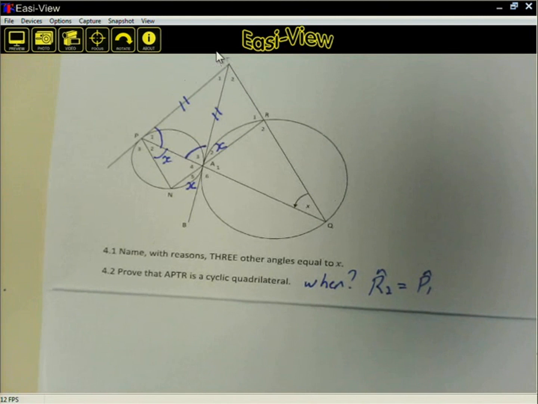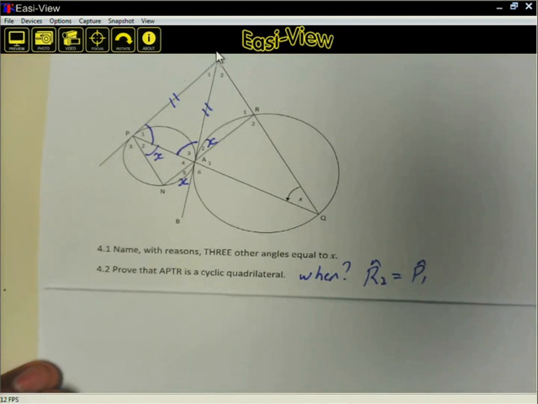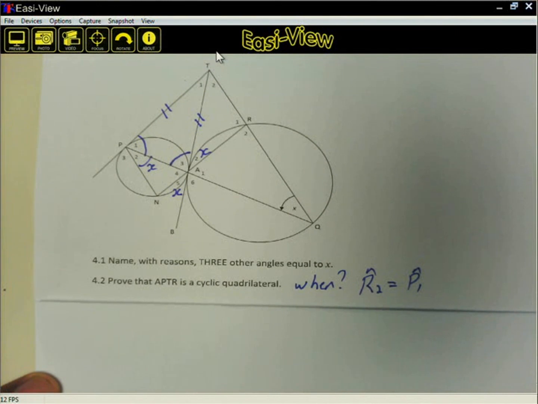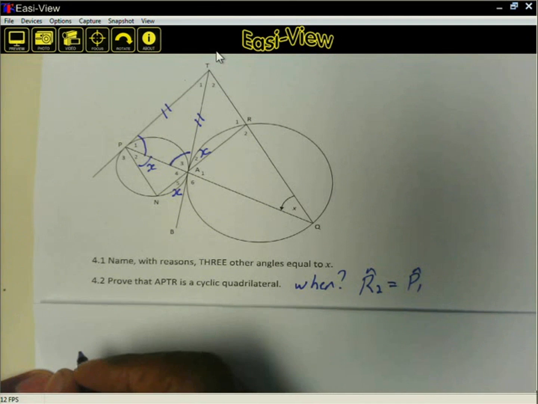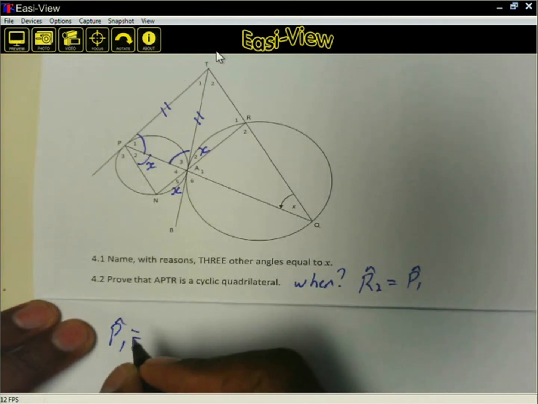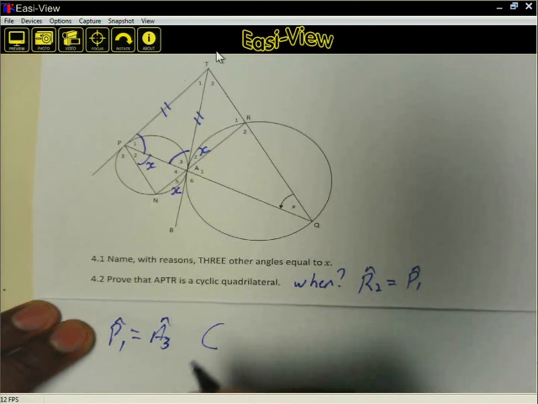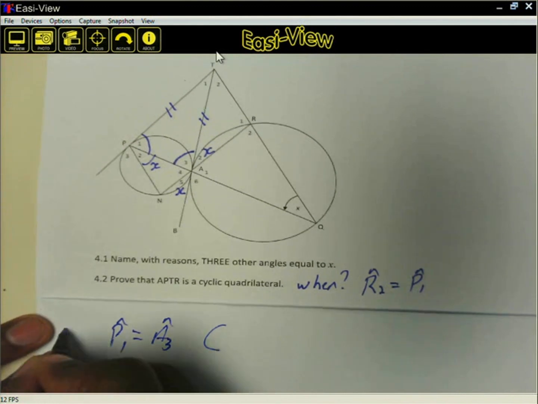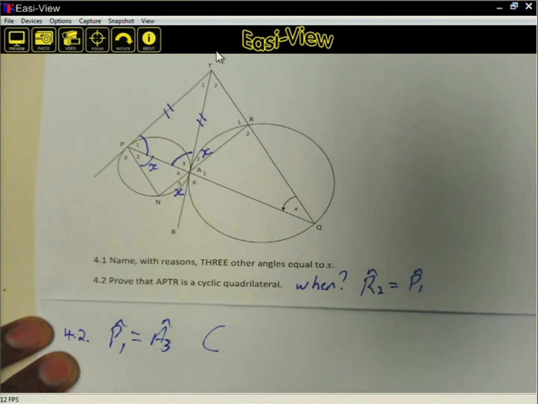Let's start. Already P1 is equal to A3 from the information that TP and TA are tangents. So we start. We are now at 4.2. 4.2.